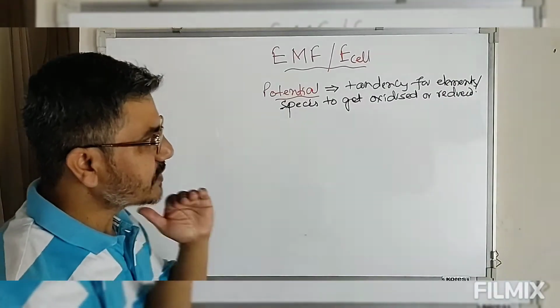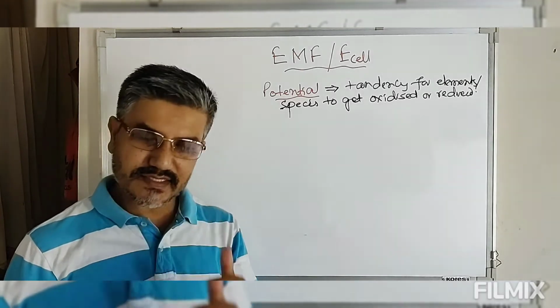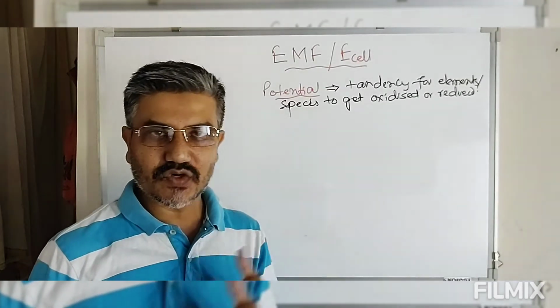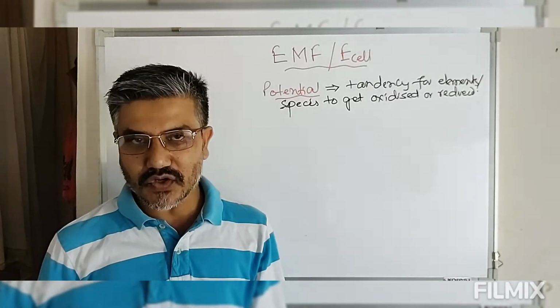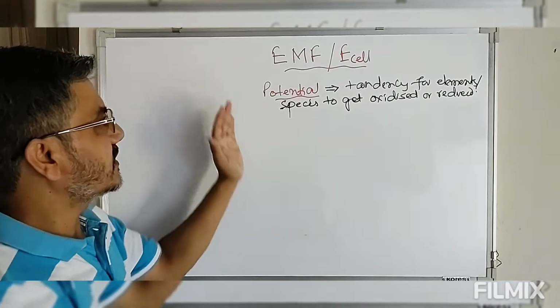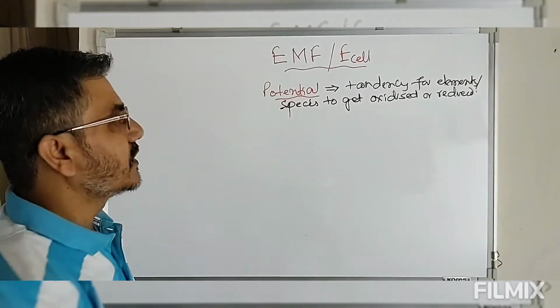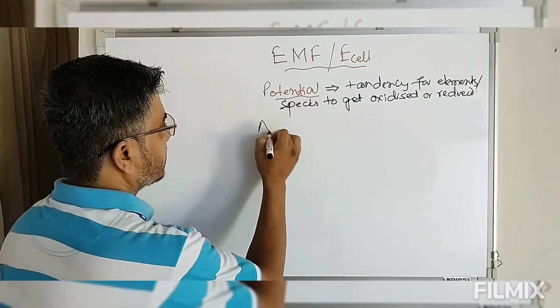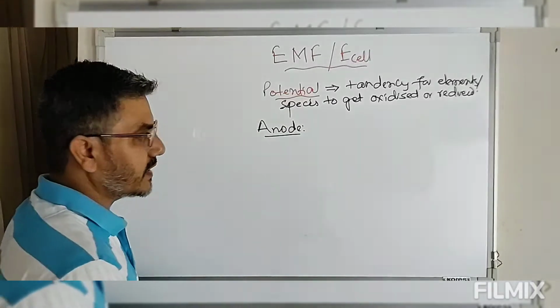So based on the value of this potential, we can easily determine whether something will oxidize or not, or whether some species can oxidize the other species or not. That we have to measure in terms of this cell potential, known as E cell. Now look at this, at the anode we have seen the oxidation reaction takes place.